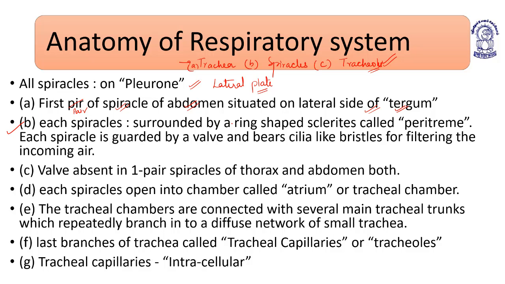Each spiracle is surrounded by a ring-shaped sclerite, very important, known as peritreme. So this point is very important. Each spiracle is surrounded by a ring-shaped sclerite, which is known as what? Peritreme. It basically covers all the spiracles.